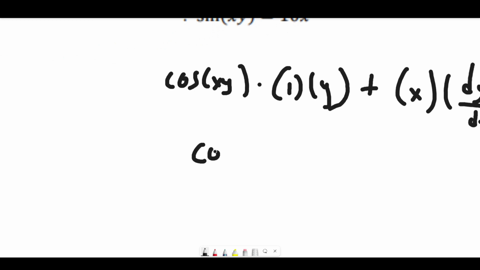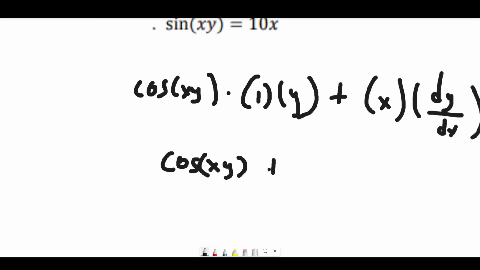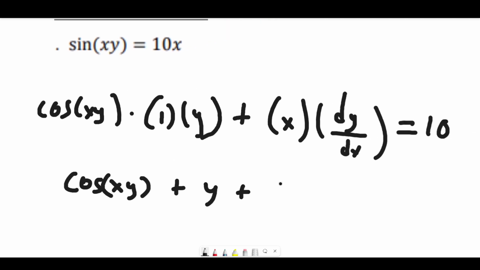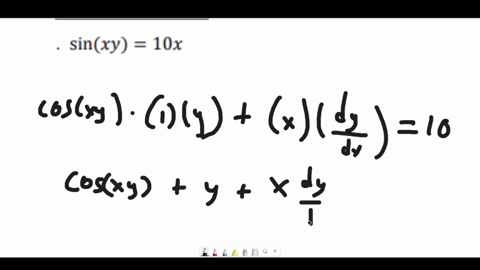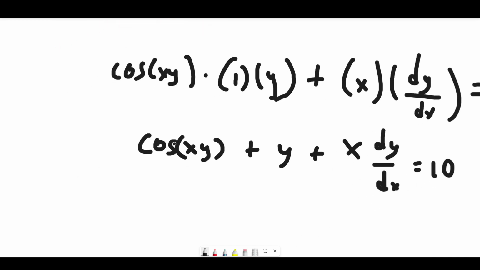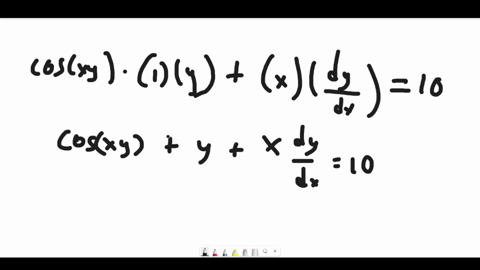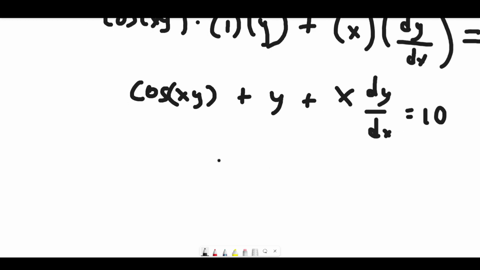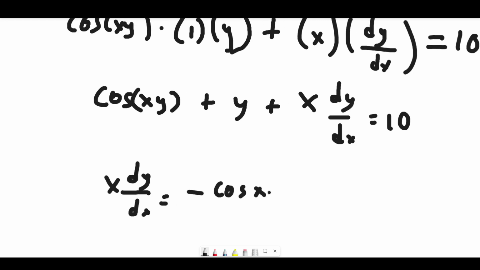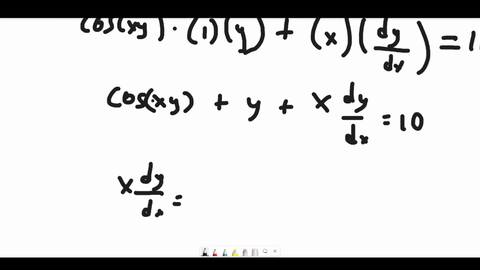So we have cosine xy times y plus x times dy over dx equals 10. And then what I'm going to do is divide by cosine xy and subtract y to isolate and solve for dy over dx. Oh, excuse me, I have to divide by cosine xy and then subtract y.